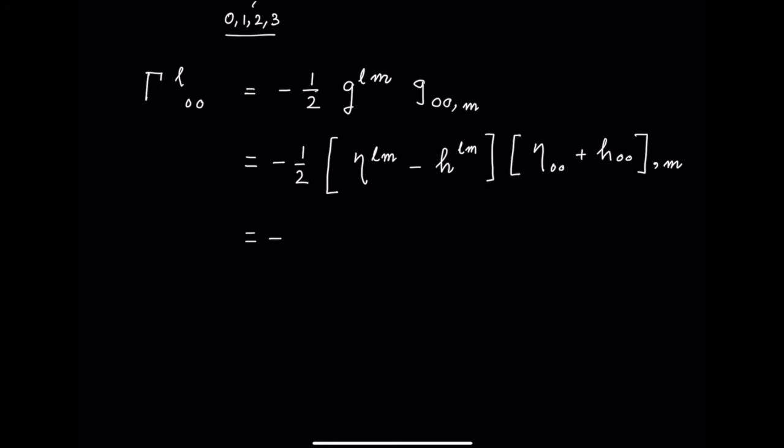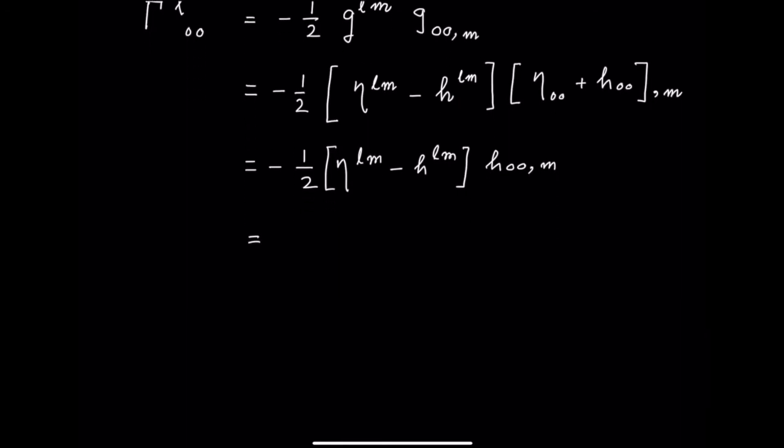So I get only minus half eta Lm minus h Lm, and then h00 comma m. And if we want to keep only first order terms in h, this term is second order in h, so I get minus half. Eta Lm is nothing but 1, and the only place where it is 1 is where m equals L, so this is nothing but h00 comma L.